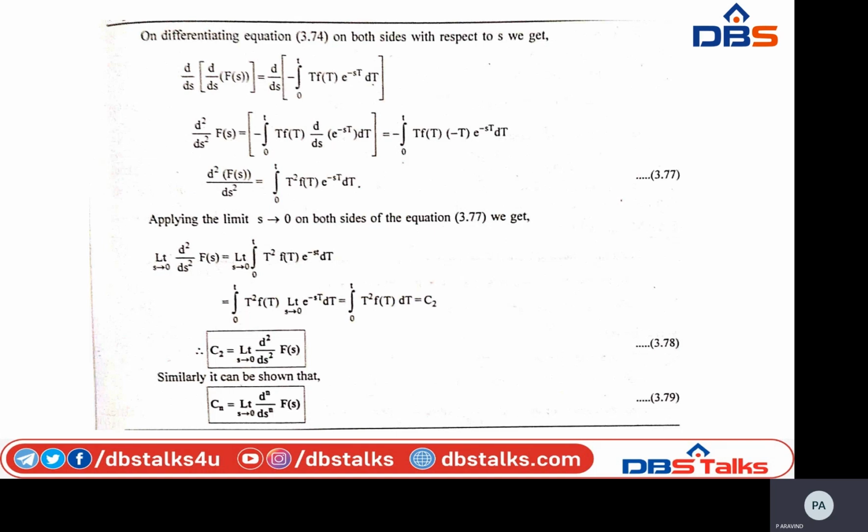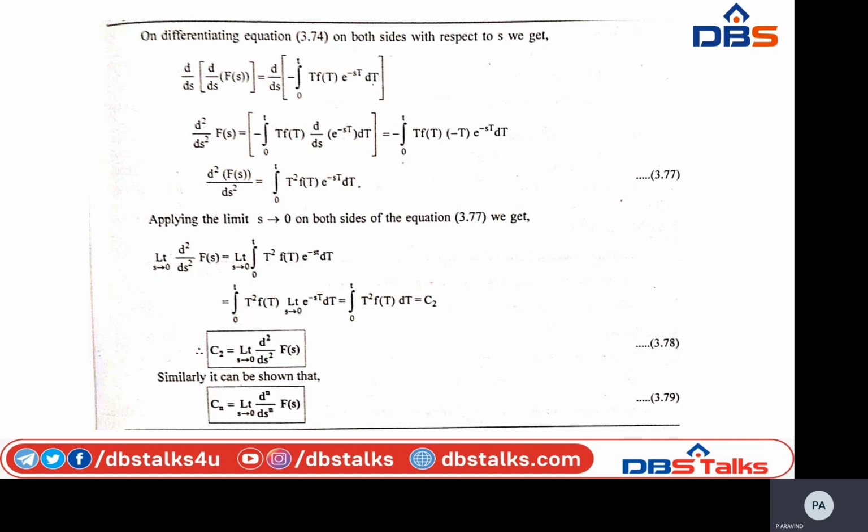The drawbacks are that in static error coefficients the input should be a standard input, and also they do not show the variation of errors with respect to time.